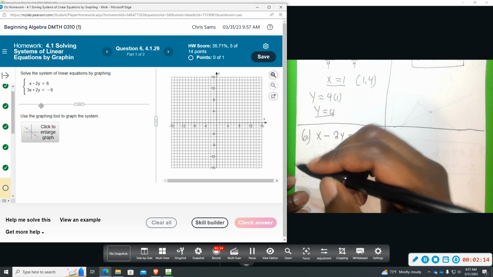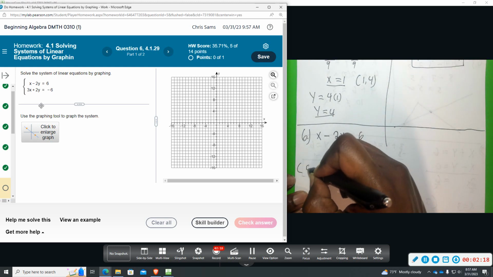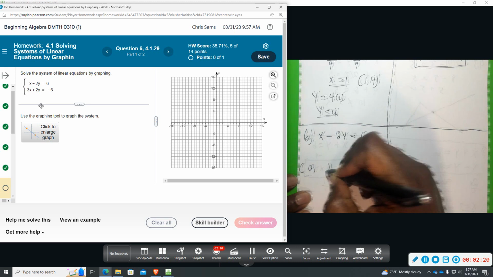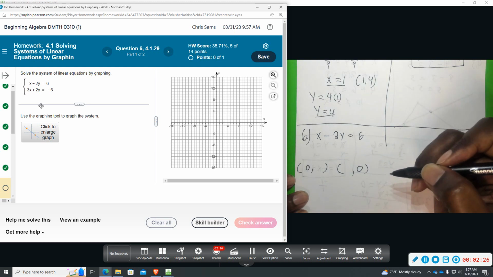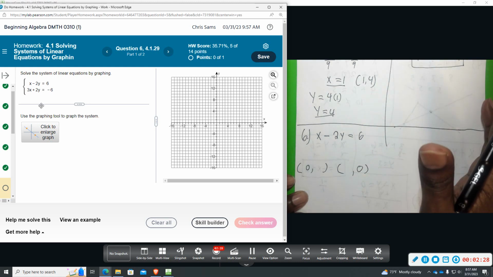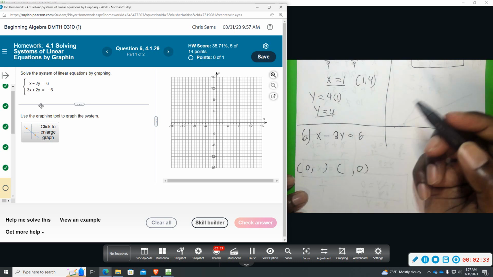All right, so remember, we're going to do intercepts by plugging in a 0. So I'm going to have 0 for x, and then I'm going to get some y value. And I'm going to have another ordered pair where I plug a 0 for the y, and I'll get some new x value. So it doesn't matter which one we do first. Let's go ahead and plug a 0 for x first and do this first one.